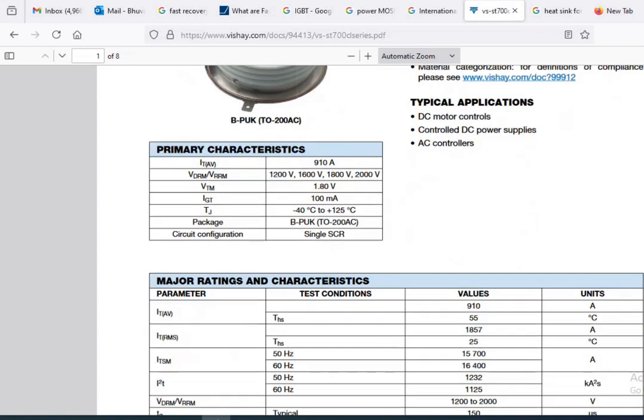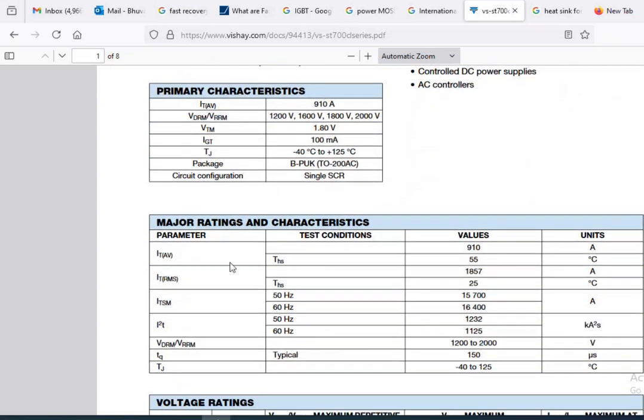So if you actually look at it, this is the maximum current it carries on an average basis, not maximum current. On an average basis, it is capable of carrying 910 ampere, and the temperature it can withstand is about 55 degrees centigrade. And what is the kind of RMS current it can carry?